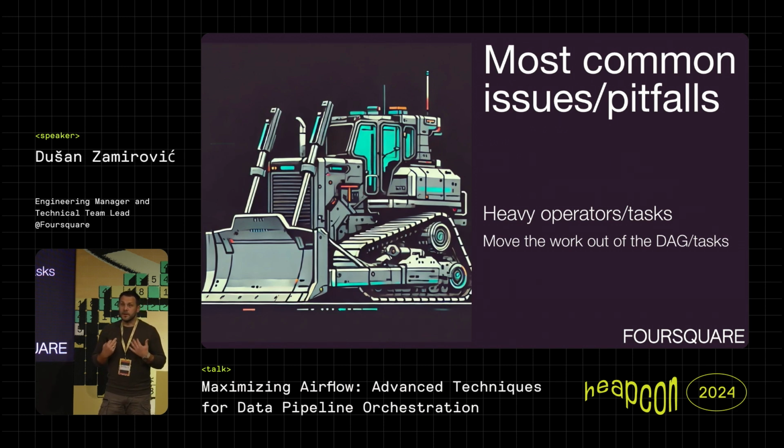So then we had a problem. We had many alarms coming on call during the night because some things were happening for too long. You don't want your heavy processing to be done by Airflow in Airflow infrastructure.